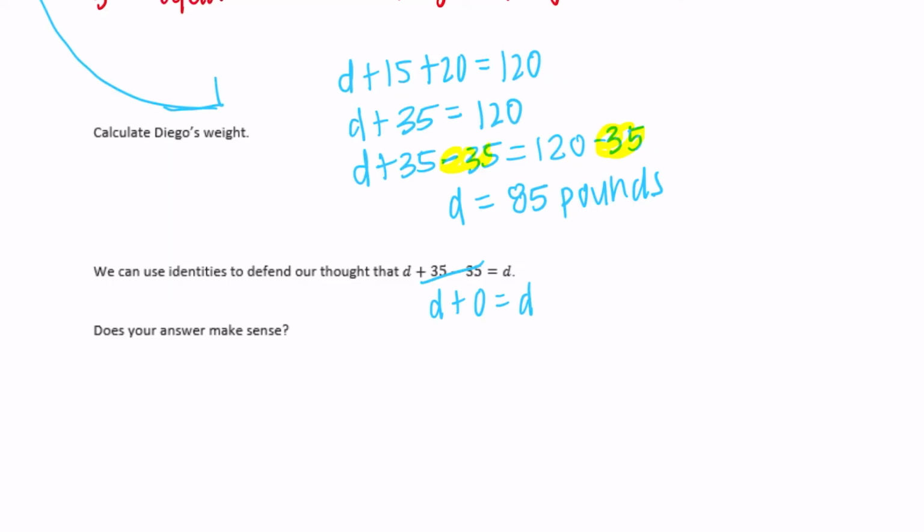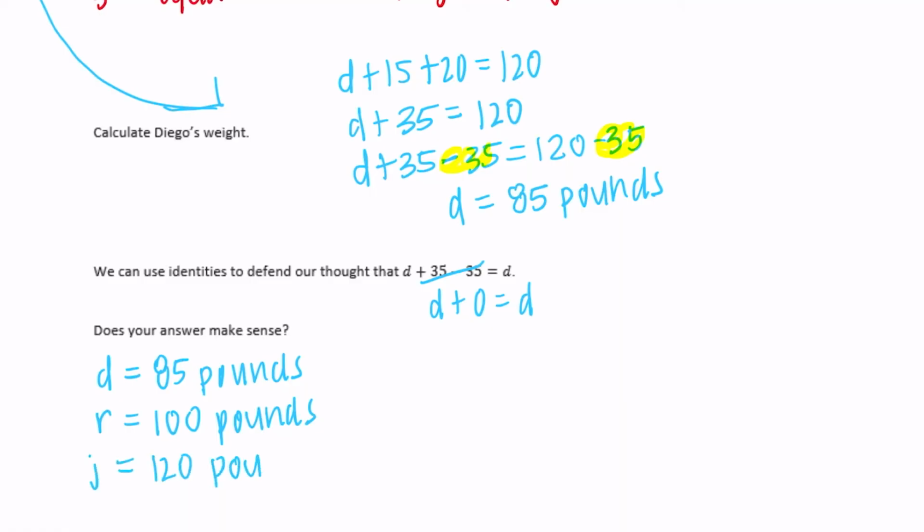So if Diego equals 85 pounds and Rashad weighs 15 pounds more than Diego, so he's 100 pounds. And then Juan is equal to 120 pounds. Then that would all work. So let's say yes.